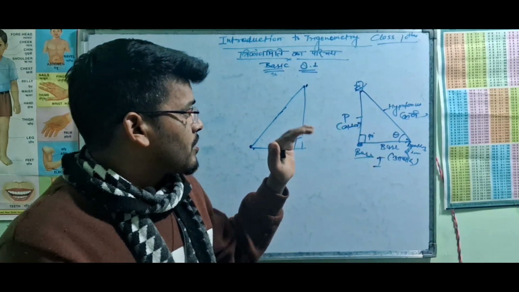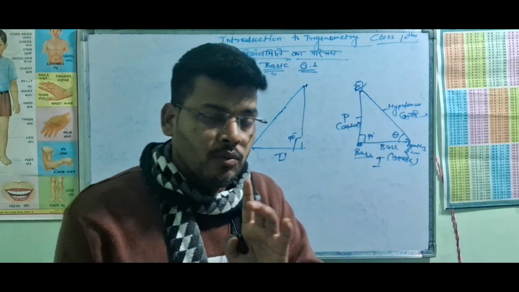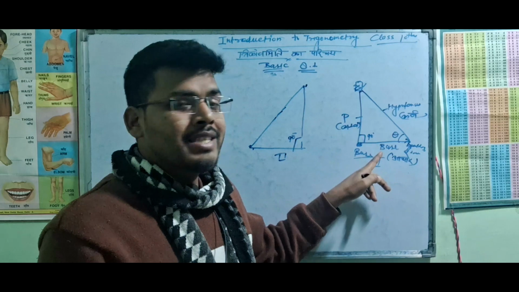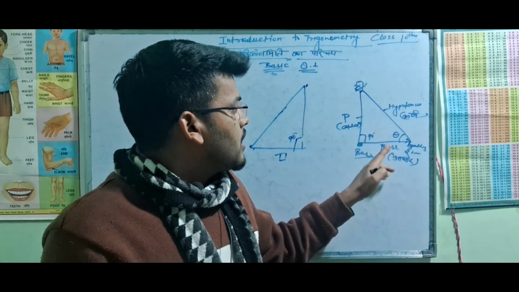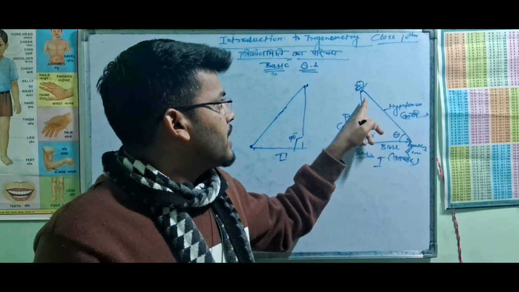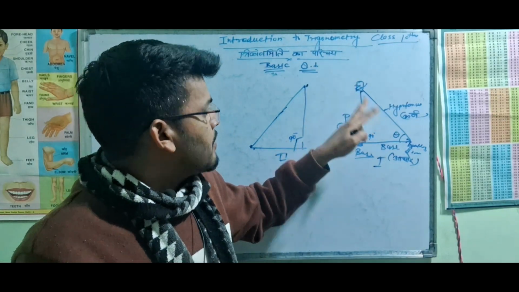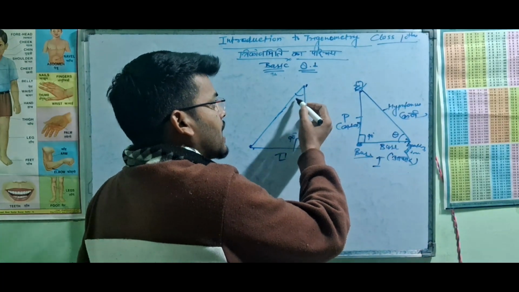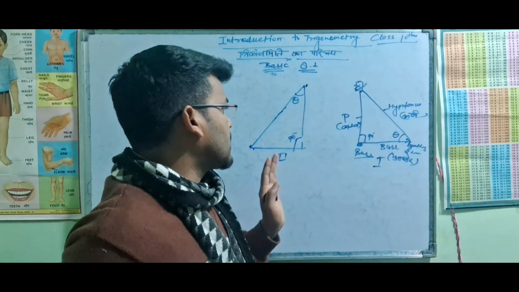But one thing to be remembered: base and perpendicular can be changeable. If the angle is made at this other portion, then take a look at the example. At this time we make the angle theta at this portion, right?